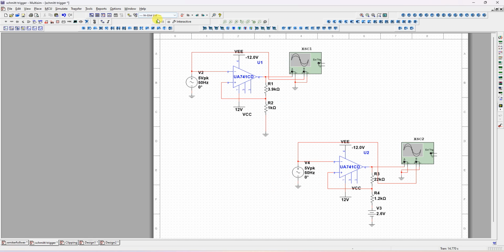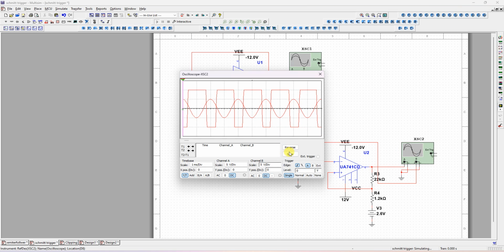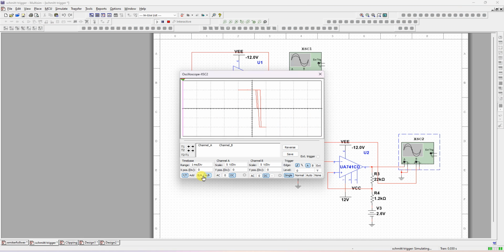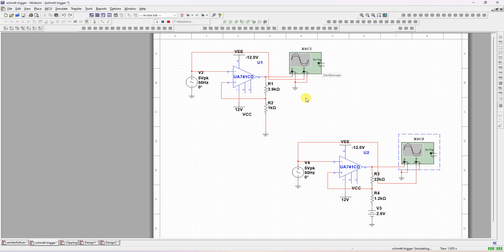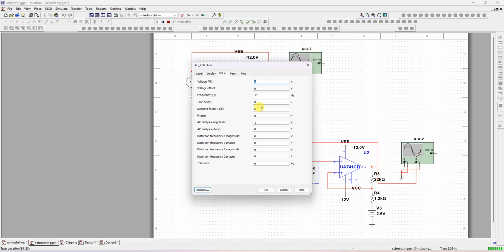Now run this. Click A slash B. These 4-5 lines are visible. That's why you should always try to give less frequency so that this runs properly. I'll still reduce the frequency to just 10 hertz.